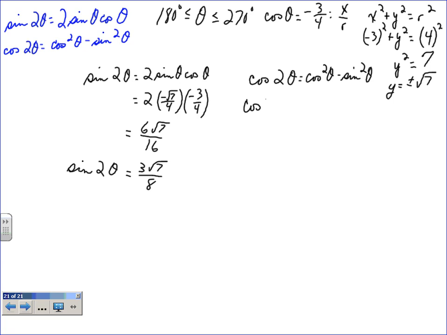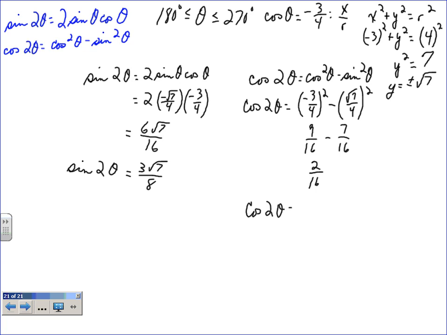So cosine of 2 theta would be cosine squared, negative 3/4 squared, minus sine squared, square root of 7 over 4 squared. I have 9/16 minus 7/16 would give me 2/16. So the cosine of 2 theta would be 1/8.